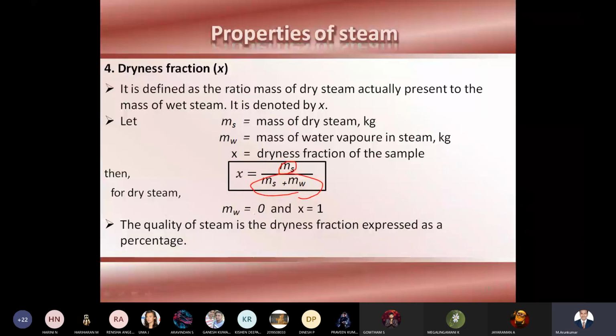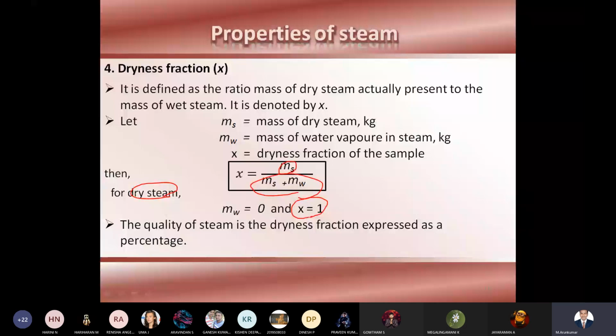Then if mw is equal to 0 and x is equal to 1, that is for dry steam. So in that dry steam there is no moisture, right? So in the saturation superheated region, we can have this dry point on the saturation vapor line.